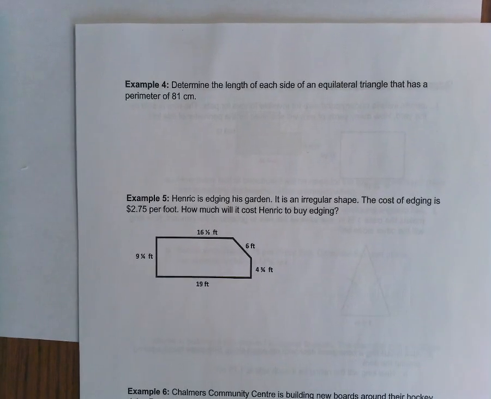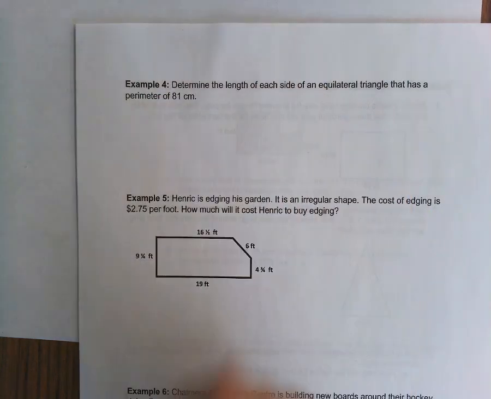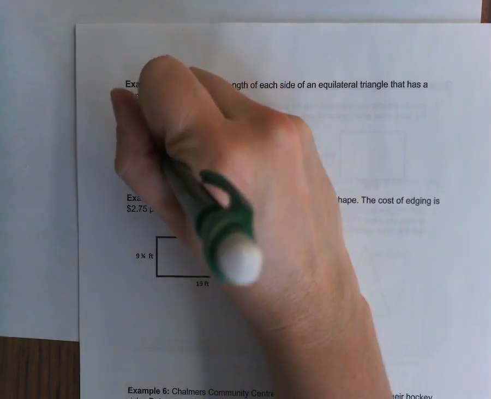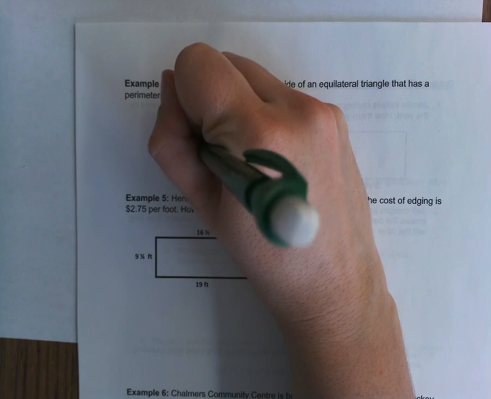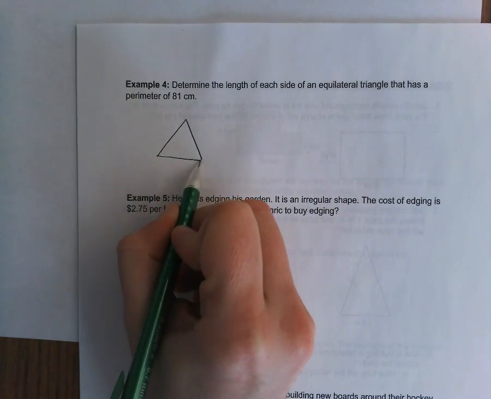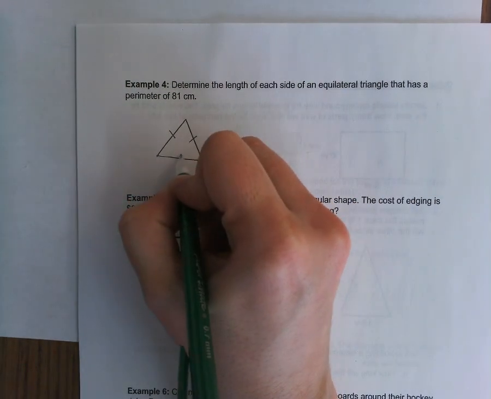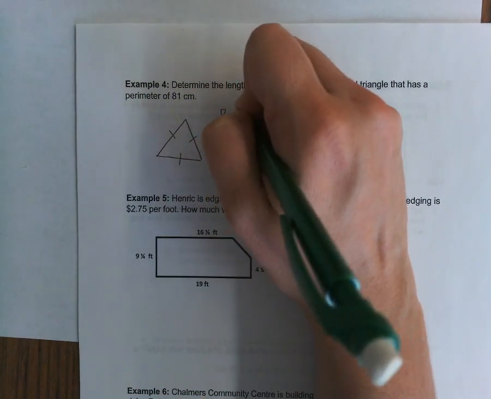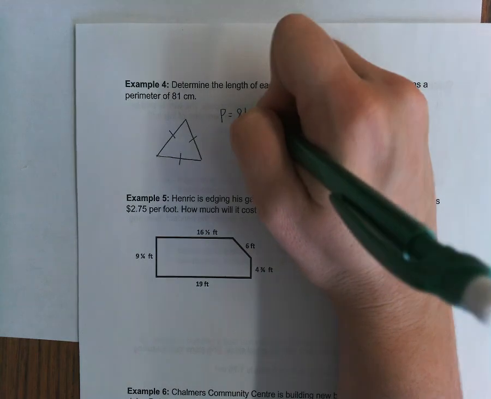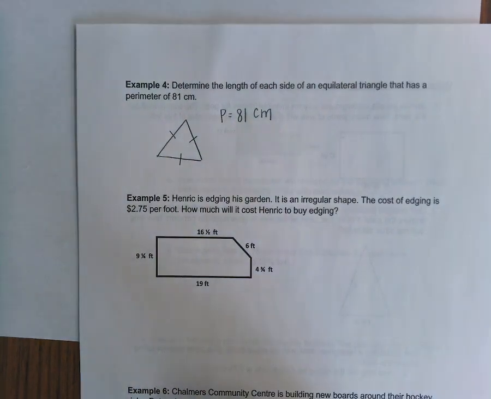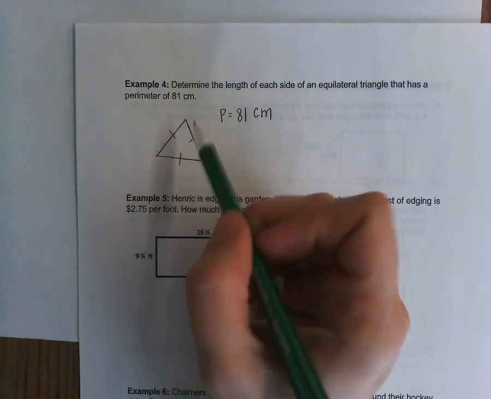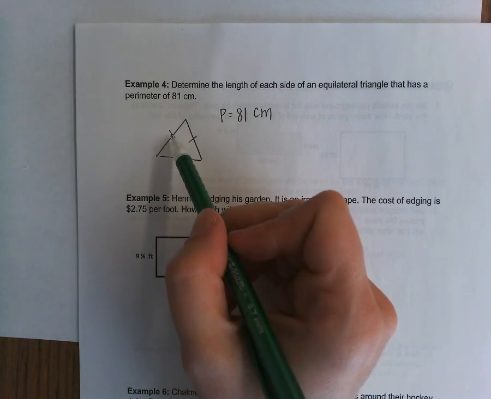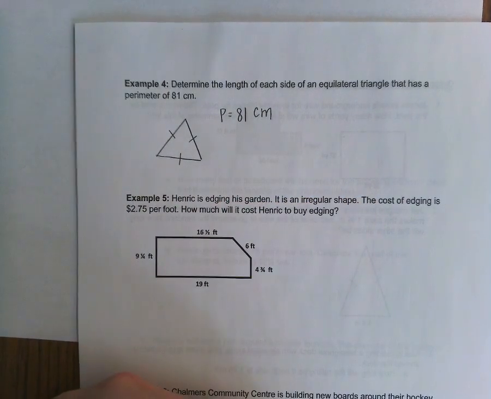In example 4, it says determine the length of each side of an equilateral triangle that has a perimeter of 81. So the first thing to remember is that an equilateral triangle has 3 sides that are all equal to each other. So if the perimeter equals 81, and we want to know the side lengths, we can take the total perimeter and divide it into the 3 sides.